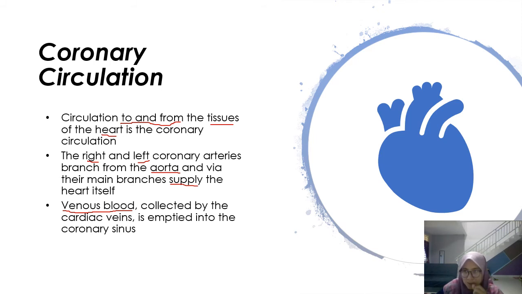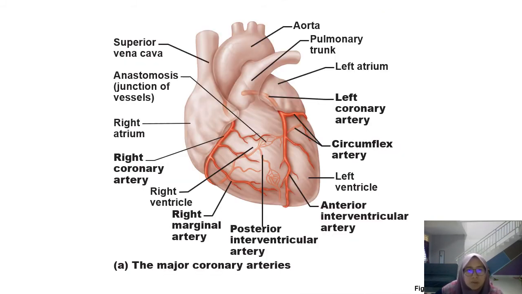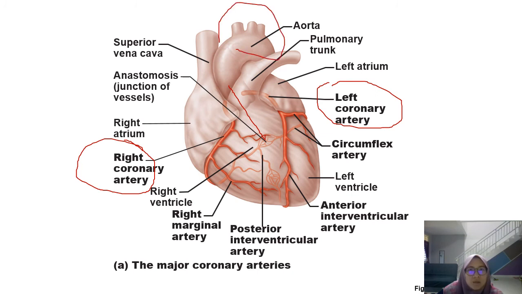Let's look at the picture. These are the major coronary arteries. Remember, they are divided into left and right coronary arteries, which branch from the aorta here. These branches supply the heart tissue.